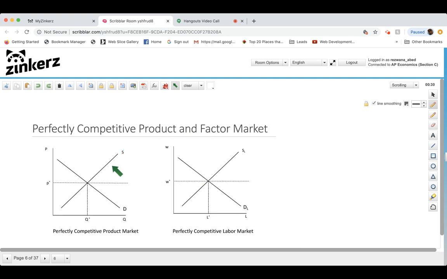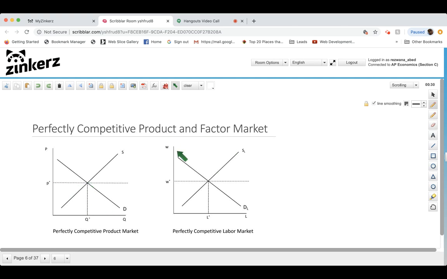So this is just what I showed you on the earlier slide, just a side by side comparison of the perfectly competitive product market and the perfectly competitive factor market. The product market has price on the vertical axis, quantity on the horizontal axis, and P star and Q star, the equilibrium price and quantity.